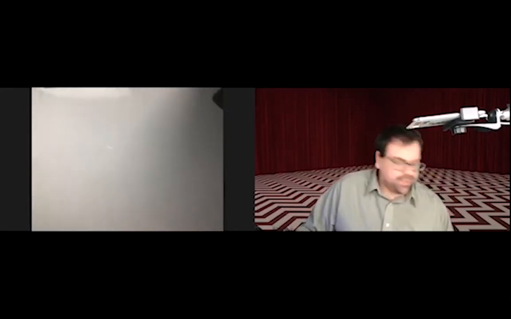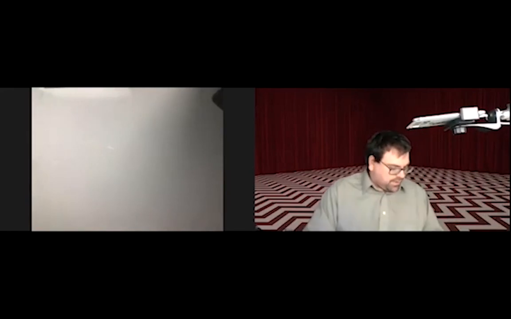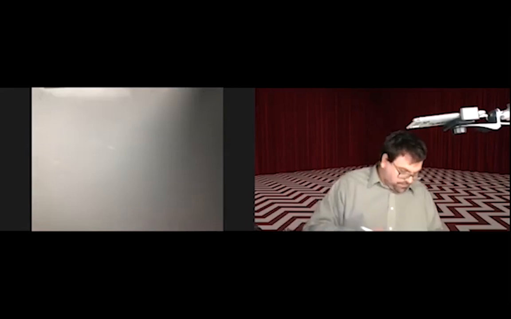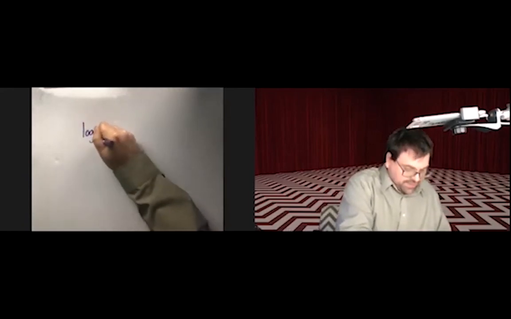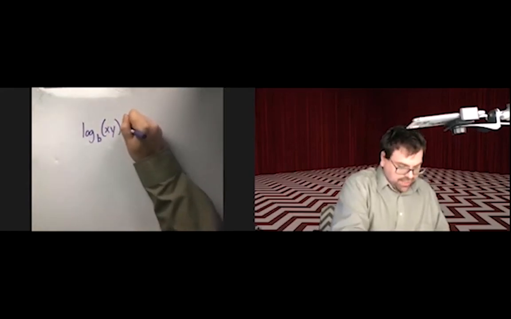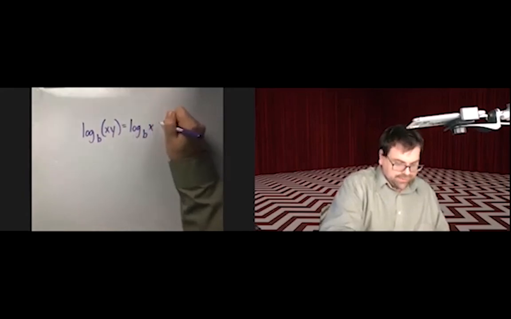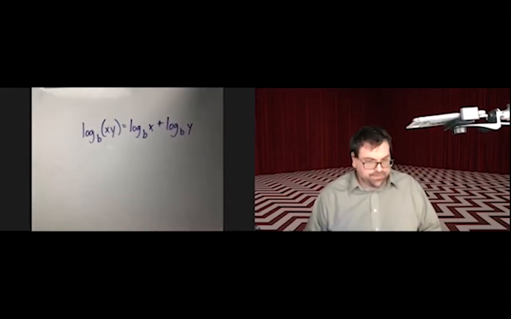We have some properties of logs that we're going to want to go over. Log base b of x times y is log base b of x plus log base b of y.